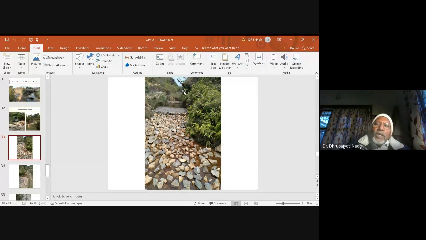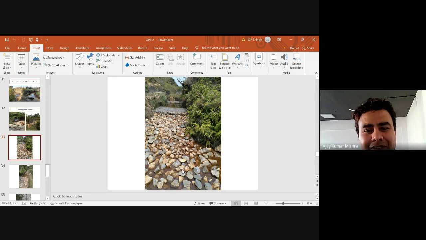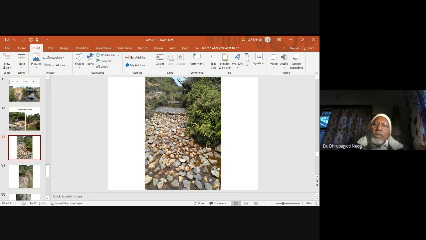Suppose the pH is 4.3 here. If you measure the pH further down, it will be 5, then 6, and further down 6.5. It all depends on the amount of limestone you have put in the channel, and also on the amount of water coming in.